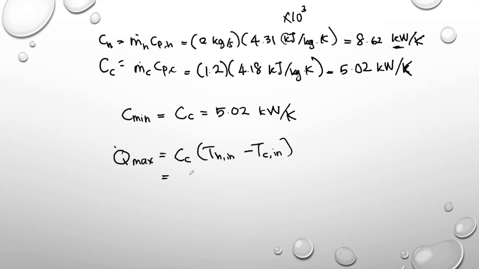Okay, the CC value is 5.02 times 160 minus 20 degrees Celsius. So you will get the Q maximum is around 702.8 kilowatt. So that is your value for the Q maximum from the C minimum.